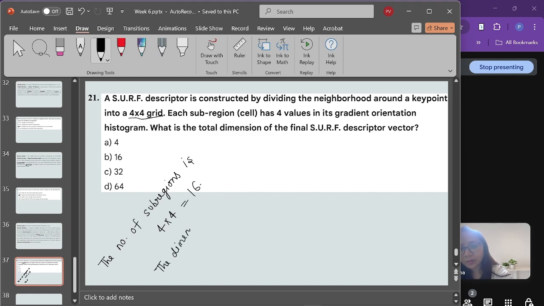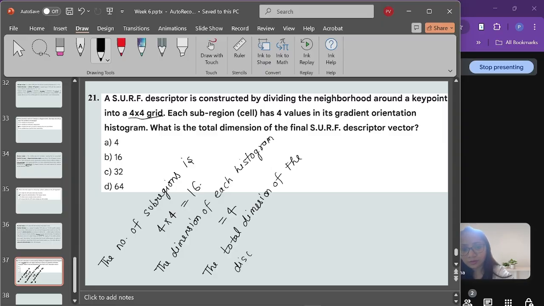So the total dimension of the descriptor vector is equal to the number of cells times the cell dimension.